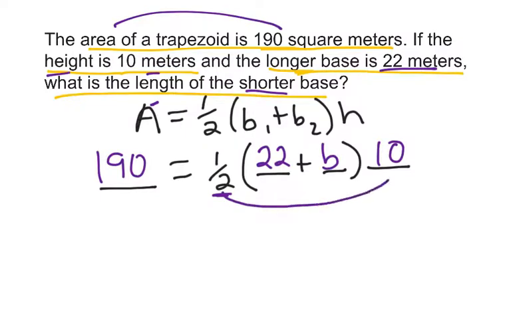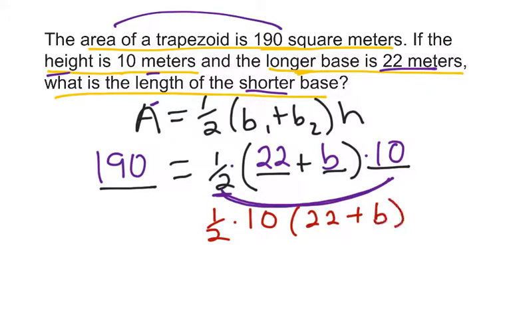First, of course, we have multiplication here, so it's easier to take half of 10 than to use the distributive property right away. So we can change the order to, in other words, 1/2 of 10 times the sum of the bases, 22 plus b, which is going to give us 190. So changing that order can help you.